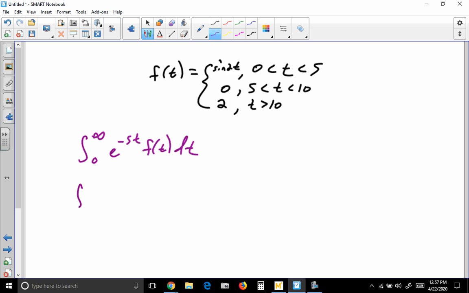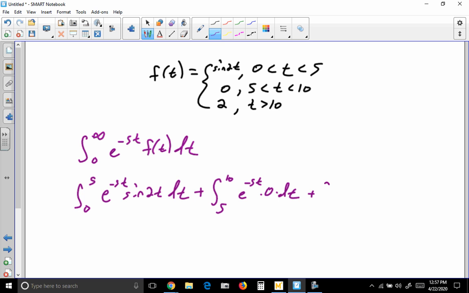So we have the integral from 0 to 5 of e to the negative st sine 2t, plus the integral from 5 to 10 of e to the negative st times 0 dt, plus the integral from 10 to infinity of e to the negative st times 2 dt. So we just need to do each of these individually.